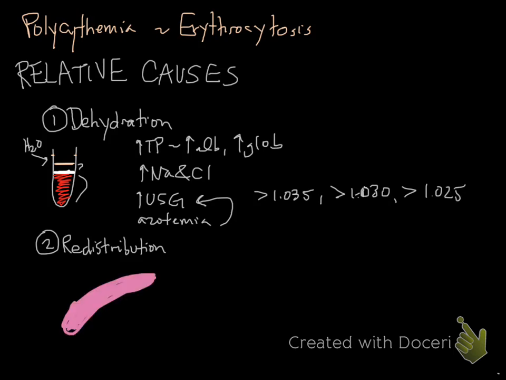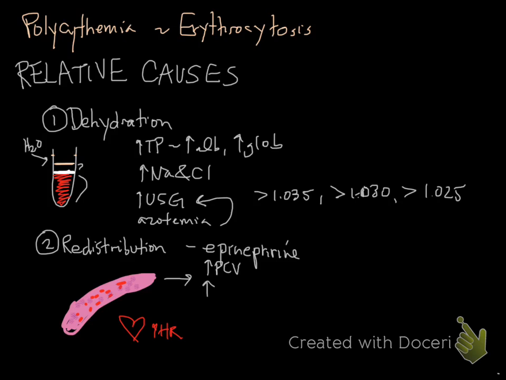So we've talked about redistribution, and redistribution is related to epinephrine and the spleen. And remember that the spleen is a reservoir for a lot of red blood cells and a lot of platelets. And so with epinephrine, you get both splenic contraction and an increase in heart rate. Just think about when you're scared. And so a few things happen. You get a release of all these red blood cells, which increases your PCV.